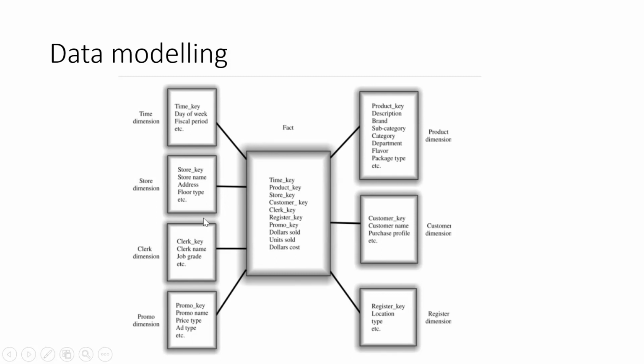Okay. Similar thing is there for store key, product key. So when we have to fetch any information from any particular dimension, we need to join between fact and dimension and fetch all the data. Okay. So this is the concept.